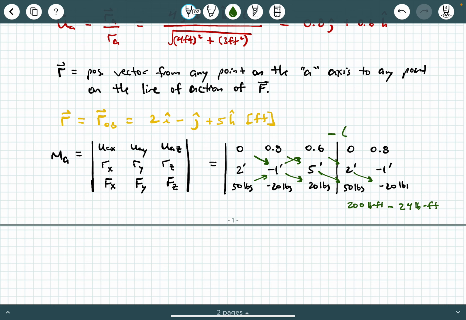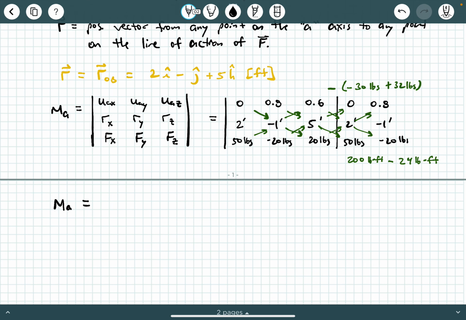So I'm going to put a negative, open parentheses. That'll give me, that first value will give me a -30 pounds. Here's another 0. And then here is a positive 32 pounds. And remember, this negative gets distributed to both of these terms. And so finally, when I combine everything, maybe pause the video so you can make sure you get the same thing I get. When I combine all these values in green together, I add them all up, distributing this negative between these two values, I'll get 174 pound-feet, okay?